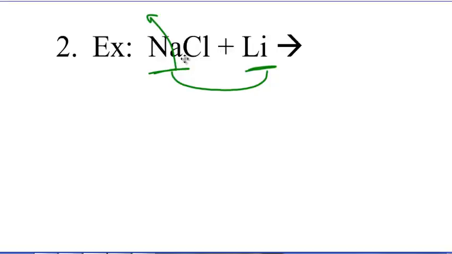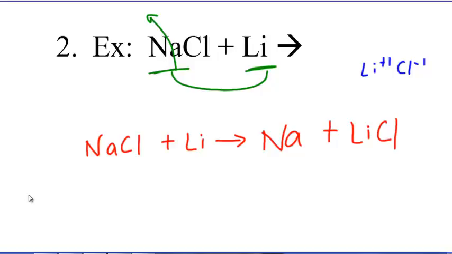Sodium will be taken away from the chlorine and lithium will take its place. So, whereas I start off with Na with Cl plus Li by itself, now Na is by itself and lithium is with the chlorine. I knew it was LiCl because lithium is positive 1 and chlorine is negative 1.